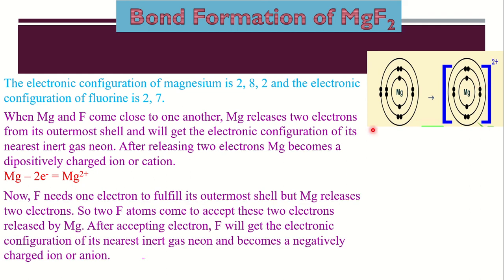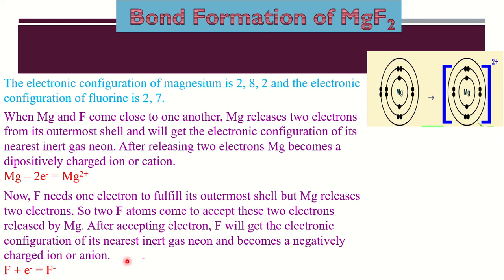Now fluorine, it needs one electron but magnesium releases two electrons. So to accept these two electrons, two fluorine atoms come and both accept the two electrons and both fluorine atoms get the electronic configuration of their nearest inert gas neon and become negatively charged ions or anions like this way.